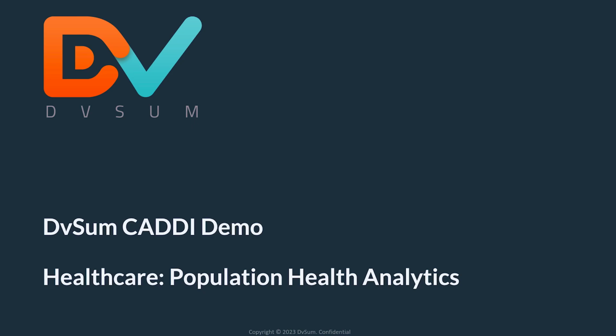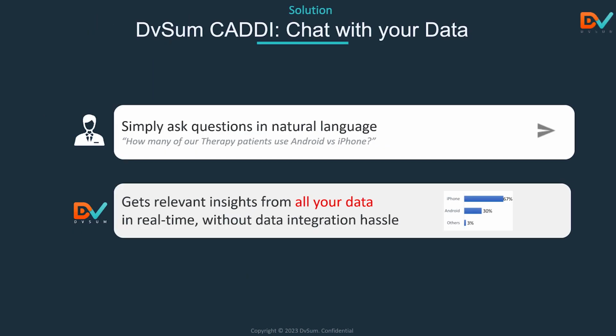Review a payer population health use case using DvSum's CATI solution. CATI is a natural language interface that allows you to query your data using AI capabilities.